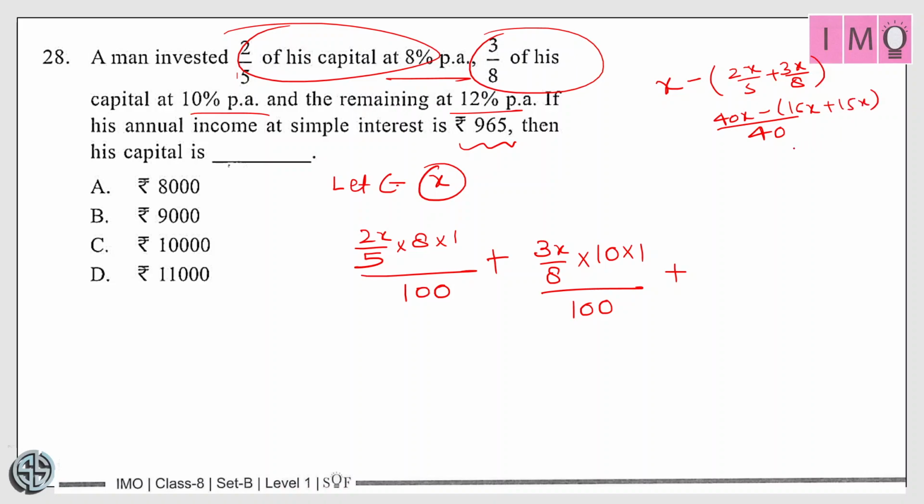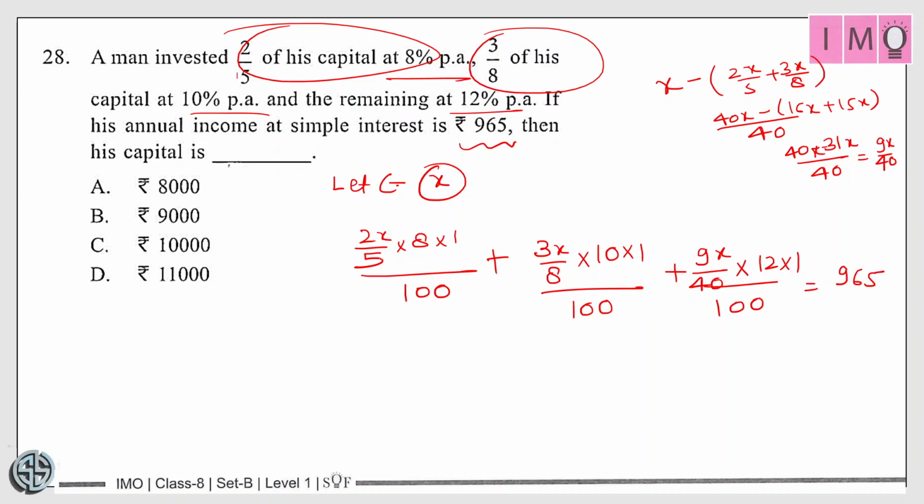So it will become this. Now 40x minus 16 minus 15 is 31x. So you will get 40x minus 31x upon 40, which is 9x upon 40. Okay, so the remaining capital will be 9x upon 40 into 12% per annum upon 100. You will add, and you will get the sum as 965.